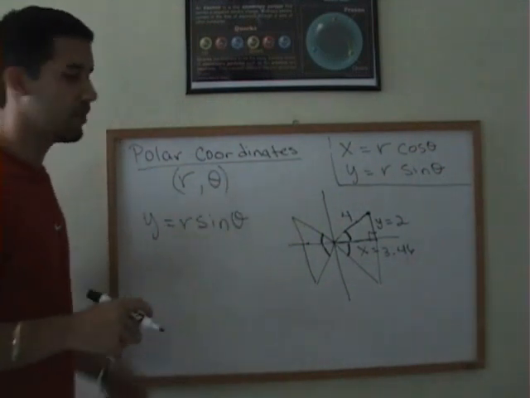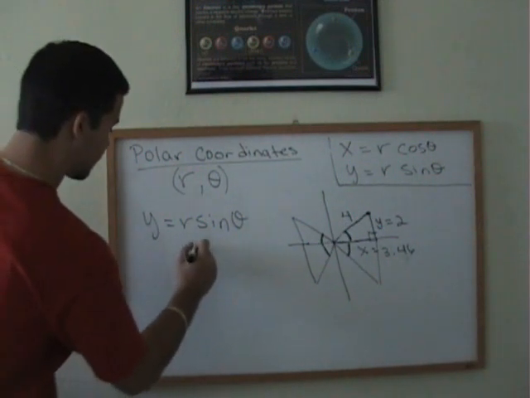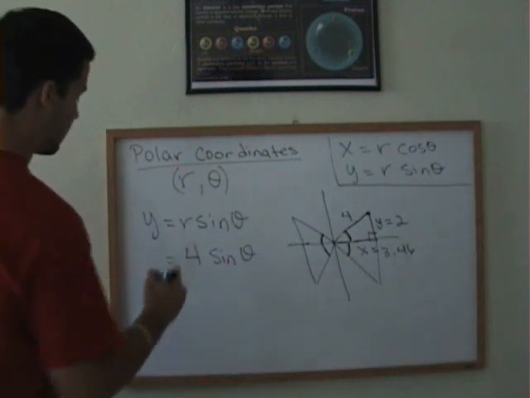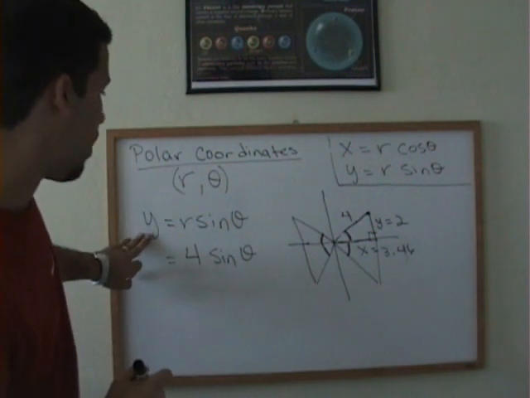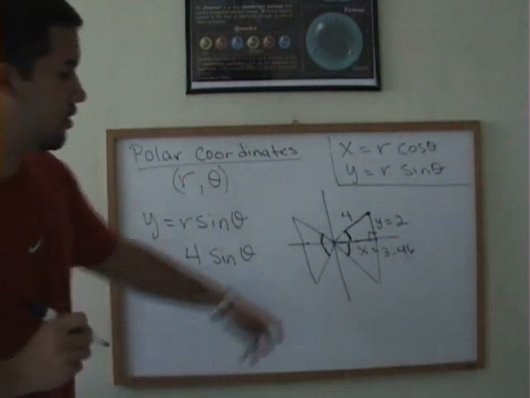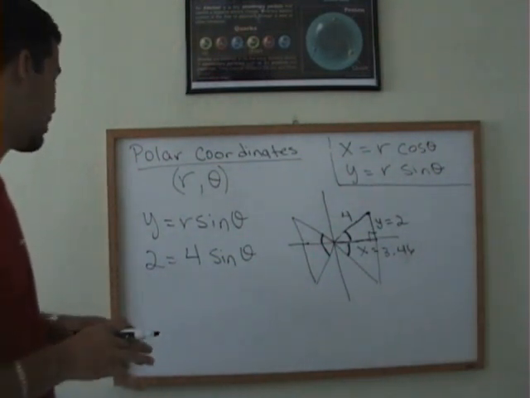They're both gonna work, it doesn't matter. Okay? So the r we know is 4. Sine theta, we don't know what theta is equal to y, and y is 2. The reason I chose this is because 2 is a whole number and this is a decimal. So just to get an exact answer.